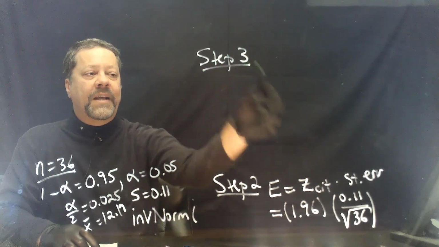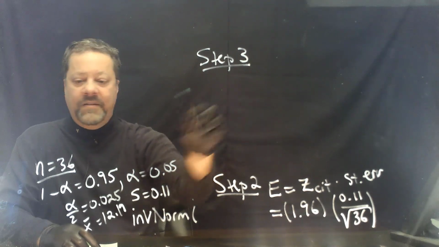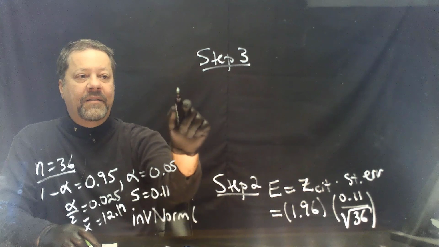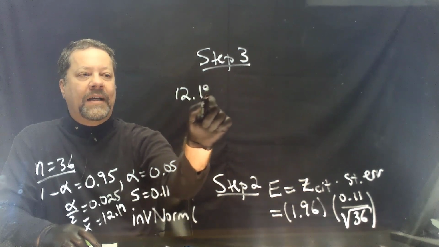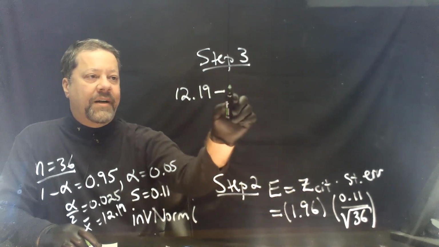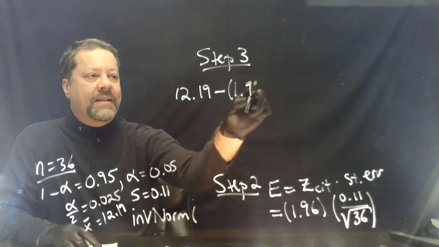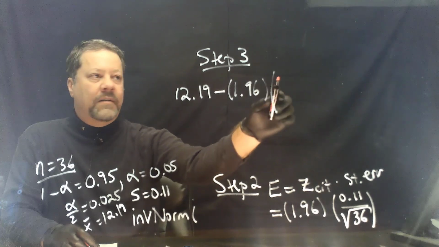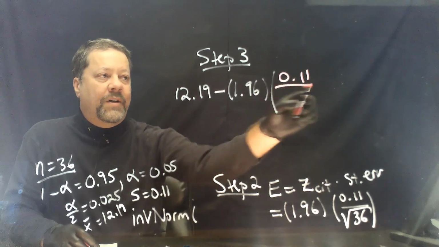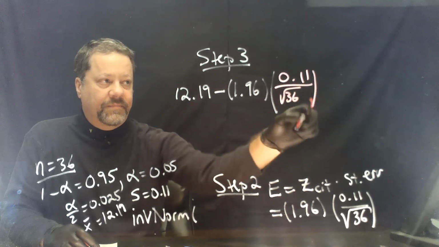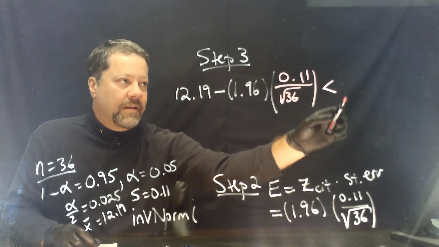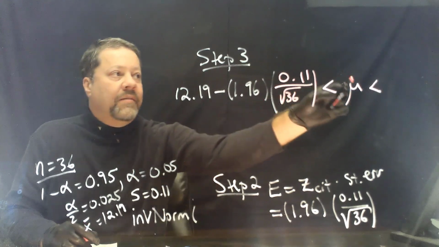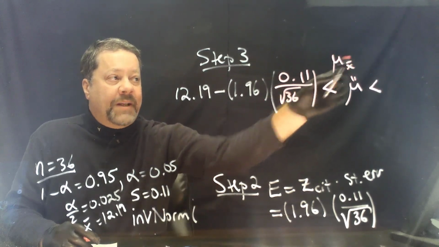So in step 3, we'll say that the left-hand endpoint will be the sample mean, 12.19, minus our margin of error, 1.96 times 0.11 over the square root of 36, the mean, which is also the mean of the sample means.